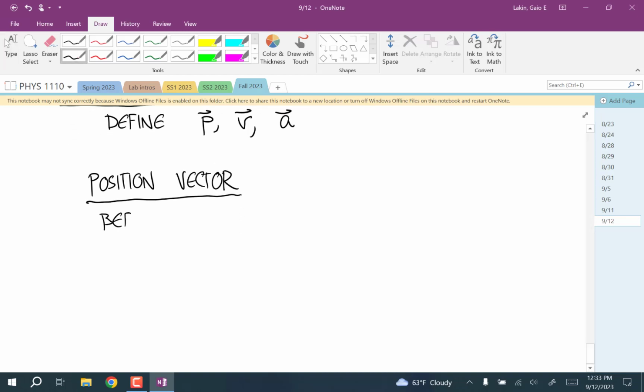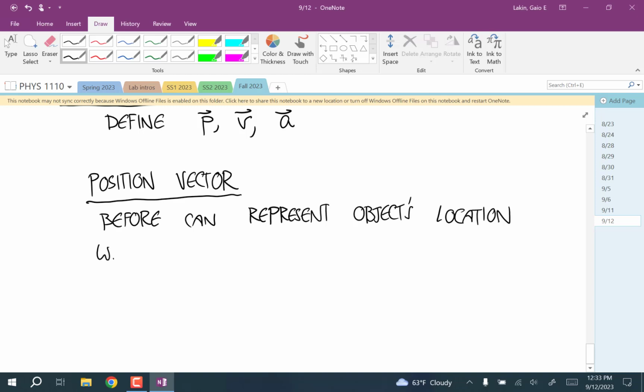So before you can represent an object's location with a vector, you have to choose 2 things. It's sort of like the 2-dimensional equivalent of a 0 position and a positive direction.